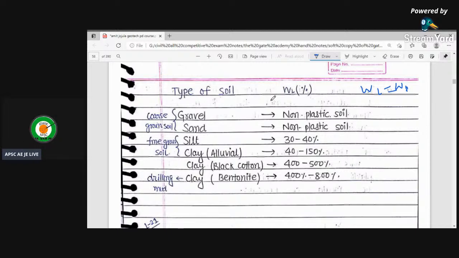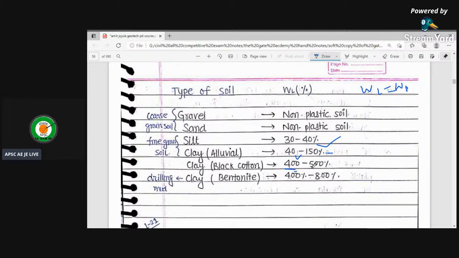Next, in case of fine grain soil, try to remember the values. In case of silt, it is 30 to 40%. In case of clay alluvial soil, it is 40 to 150%. Similarly, black cotton soils, which are mostly found in Rajasthan and nearby areas in middle India, the liquid limit is very high.